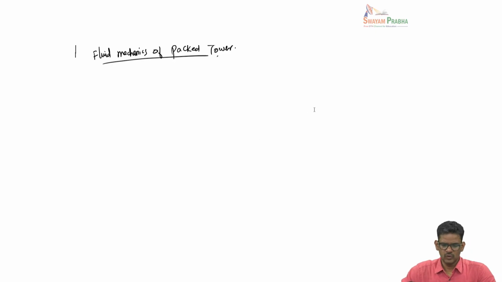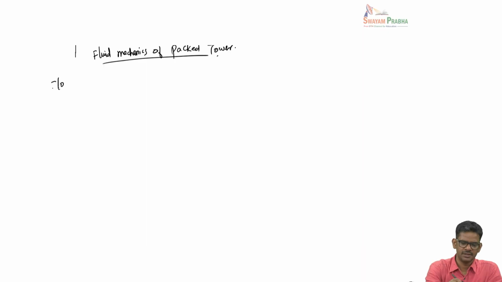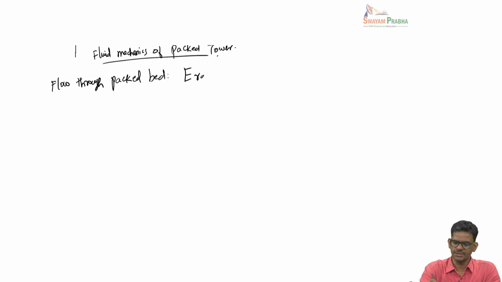Generally when we look at flow through packed bed, we have a packing and a single fluid going from one side to the other. This is known as flow through packed beds. A famous equation known as the Ergun equation is used to calculate the pressure drop in such a situation.